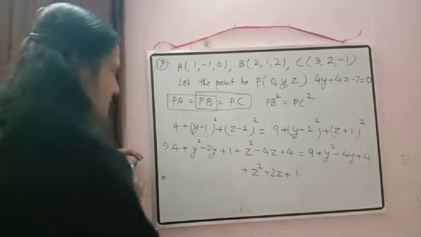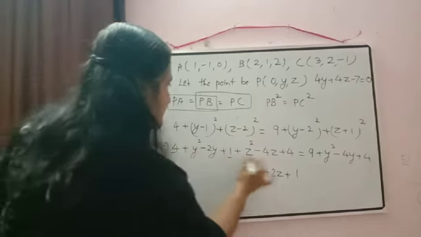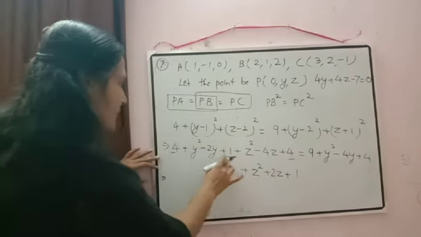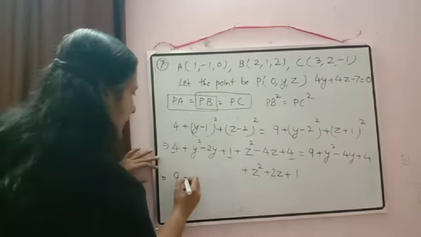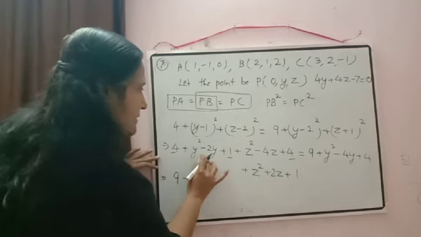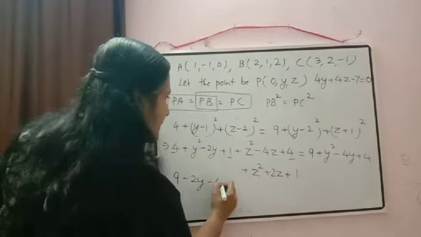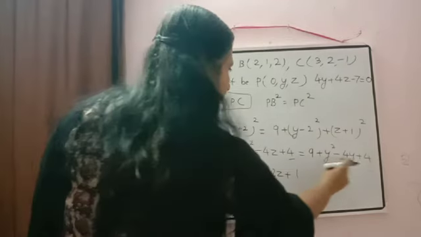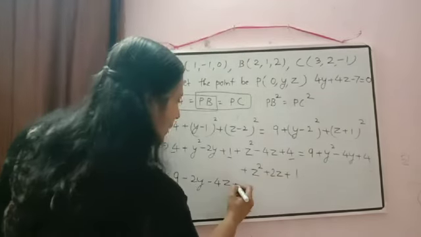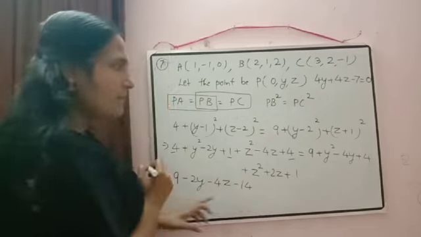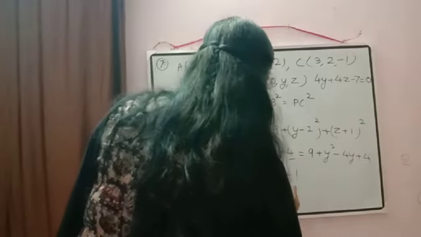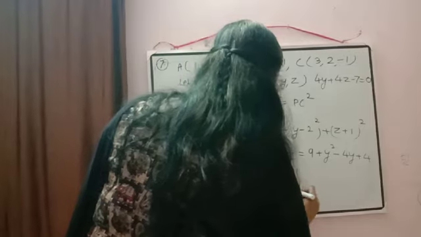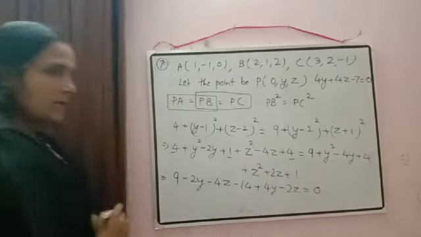For the remaining expressions, you can add these numbers: 4 plus 1 is 5, 5 plus 4 is 9, minus 2y is remaining and minus 4z is remaining. Here also 9 plus 4 is 13, plus 1 is 14, so shifted it becomes minus 14. Minus 4y will become plus 4y, plus 2z will become minus 2z, is equal to 0.